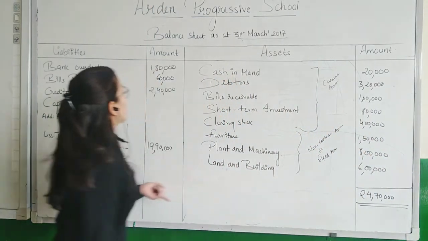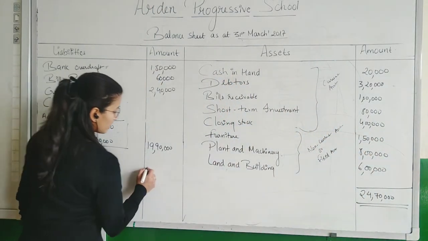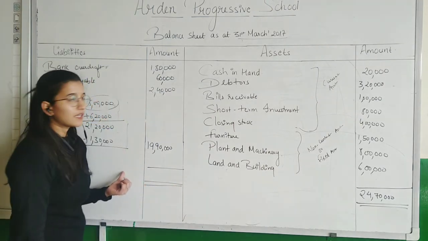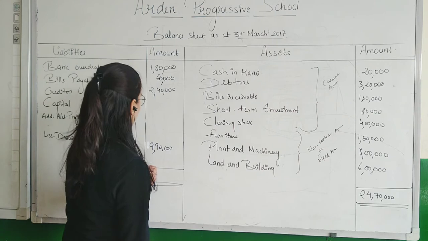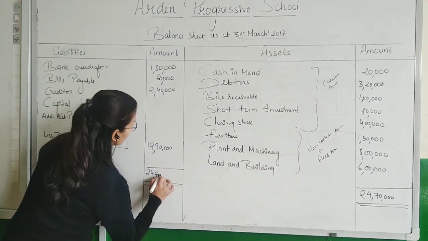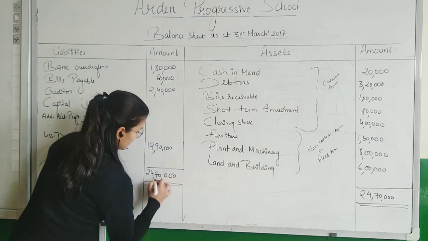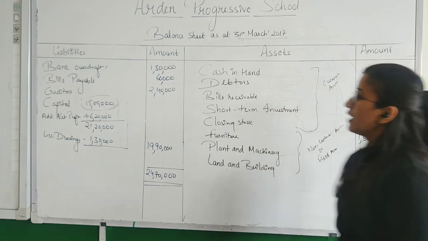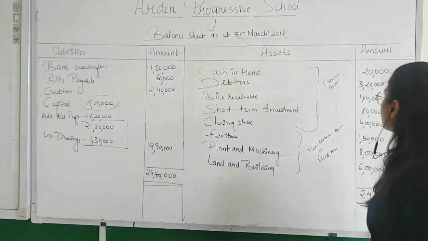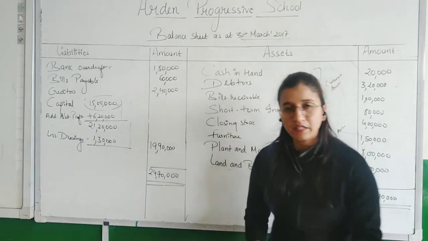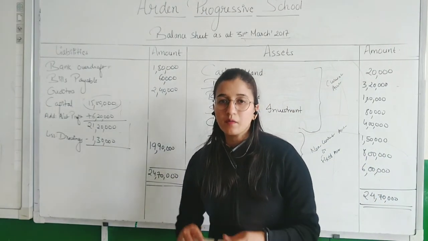Now we will calculate the liabilities side also. By calculating all the items of the liabilities side, we get the total amount of rupees 24,70,000. So as we can see here, the liability side and the asset side totals are equal. So this is how we solve the practical questions based on balance sheet.